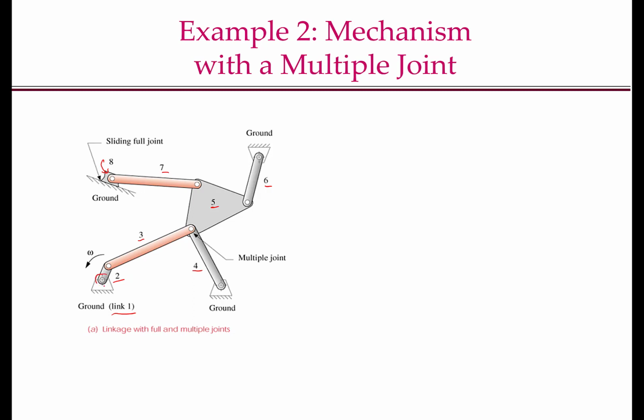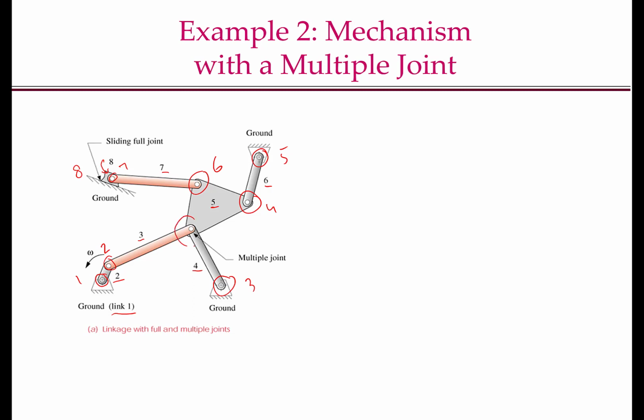Let's count. 1, 2, 3, 4, 5, 6. There is a pin joint between the slider 8 and link 7, so that would be the 7th joint. There is a sliding joint between the slider and the ground, or a prismatic joint between the slider and the ground, so that would be joint 8.